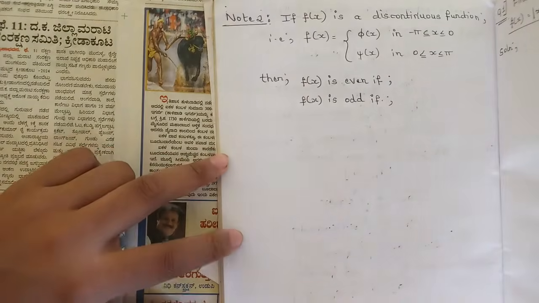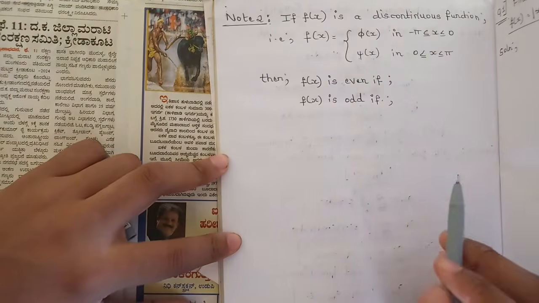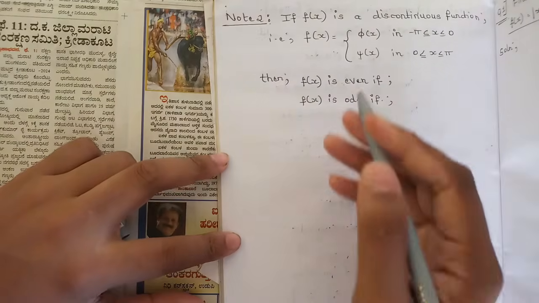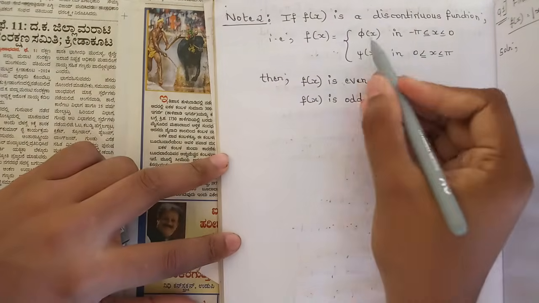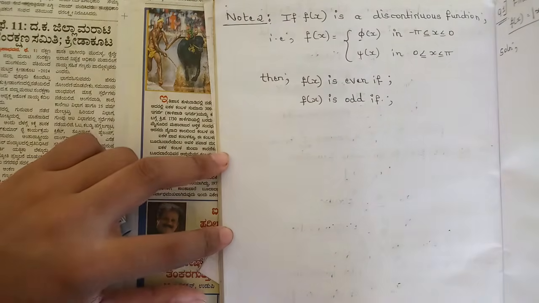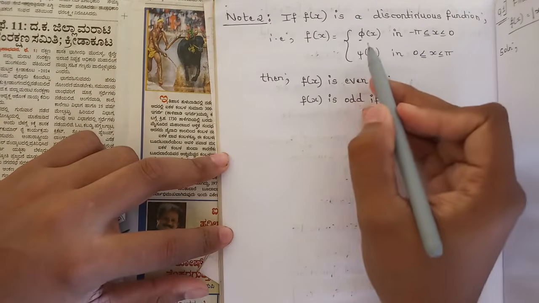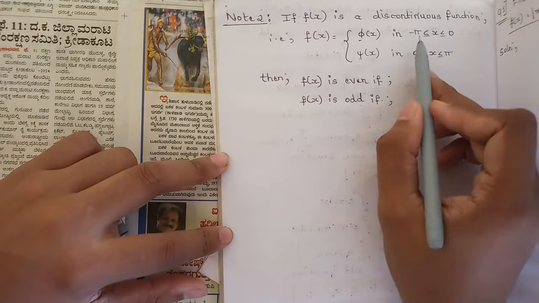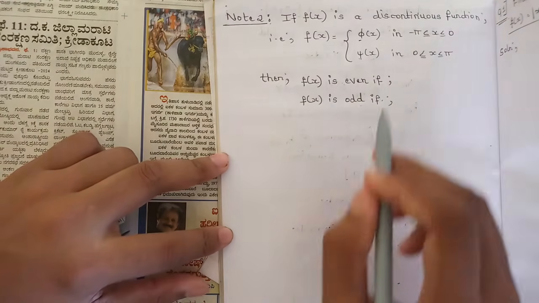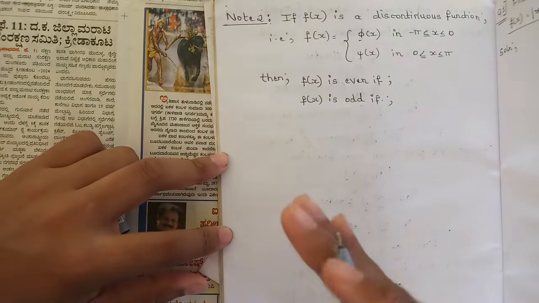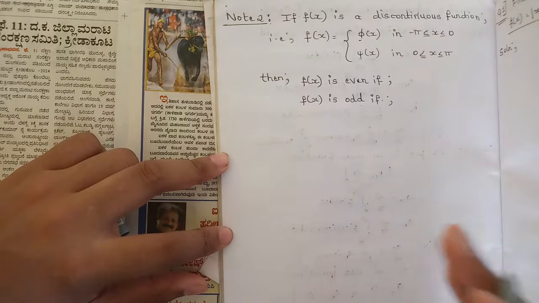The second note is, if f of x is a discontinuous function, that is, if f of x has two sets of values, generally phi of x and xi of x. In the question they will be giving two sets of values, and the first set, xi of x, tends from minus pi to 0. The total interval is from minus pi to pi, right? We can split it into minus pi to 0 and 0 to pi.